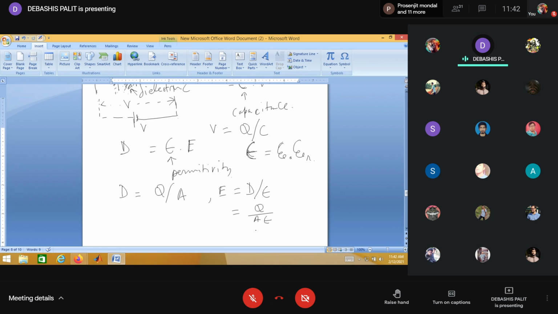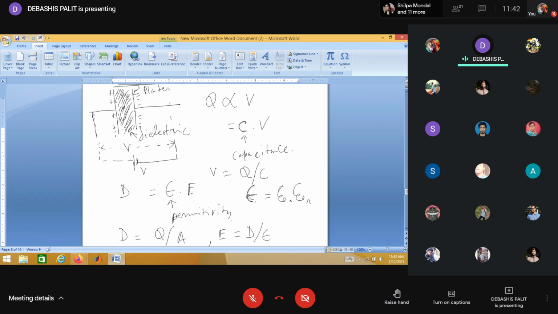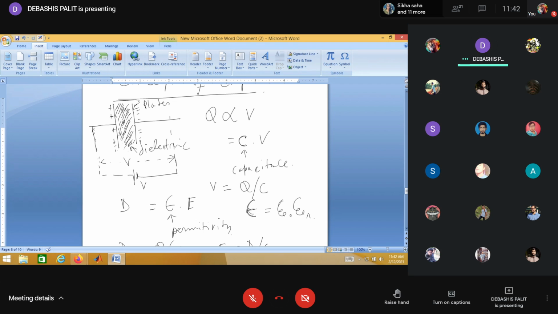So you can consider a parallel plate capacitor having a distance d between the plates. The distance between this parallel plate is d, the surface area of the plate is A, and the permittivity of this medium is epsilon.